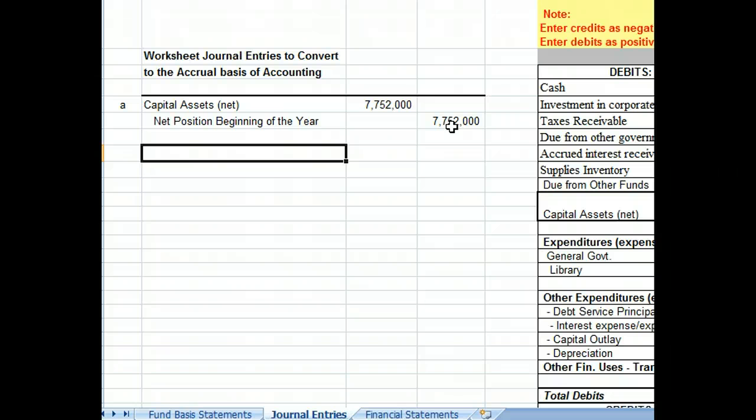Okay, the next entry we've got to do is we've got to record our actual capital assets. So we're going to list on our capital assets. These were actually where we had our capital expenditures.